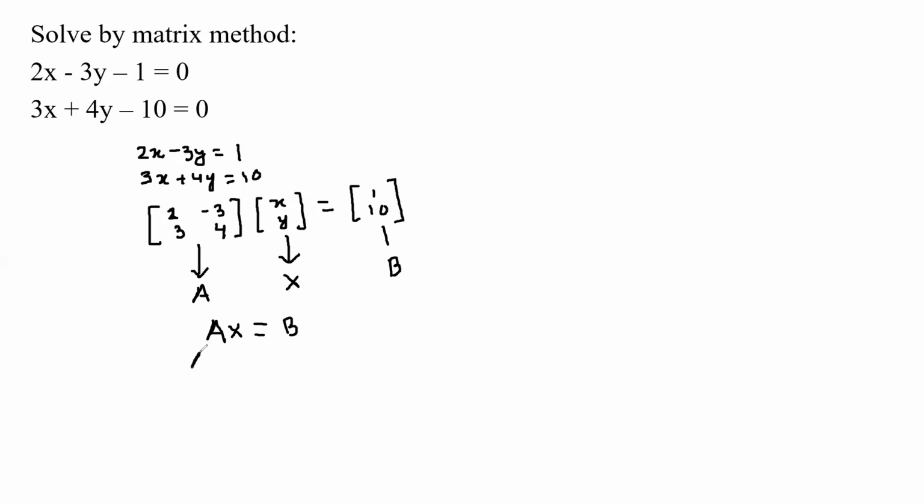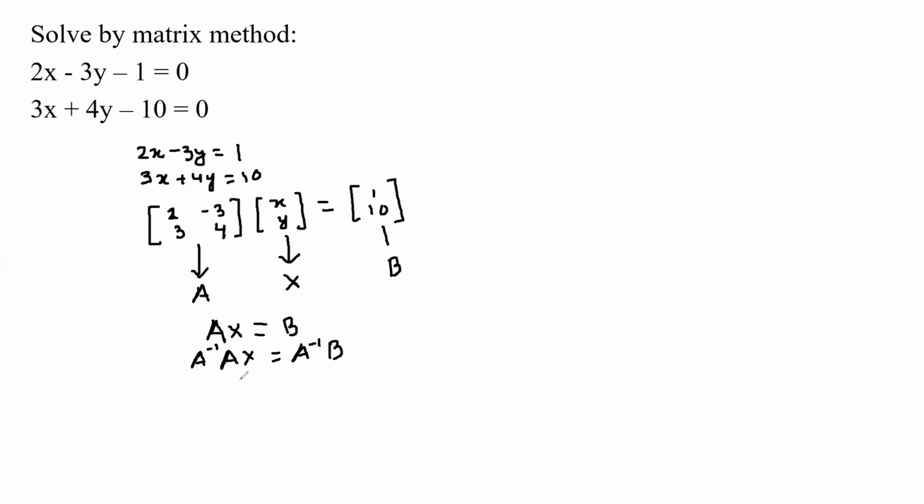We pre-multiply, not only multiply, we pre-multiply both sides by A inverse. We can just multiply it like this, A inverse AX is equal to A inverse B. Look at here, we are just multiplying on both sides by A inverse.